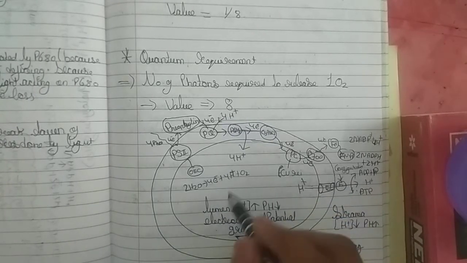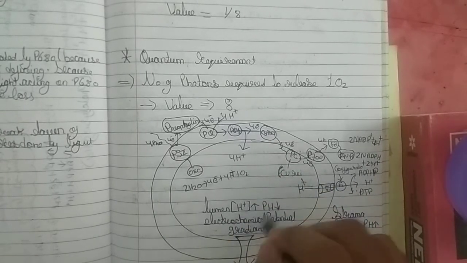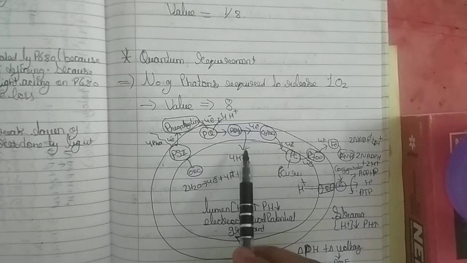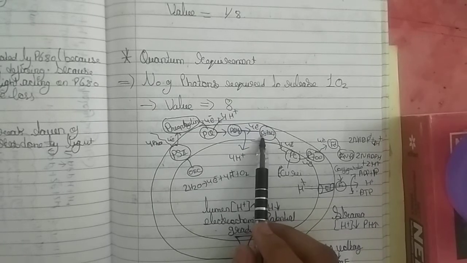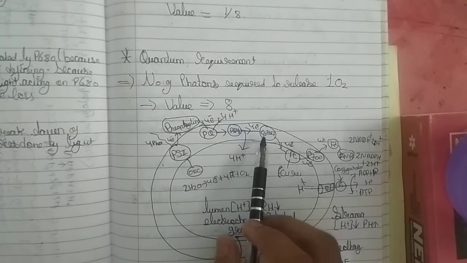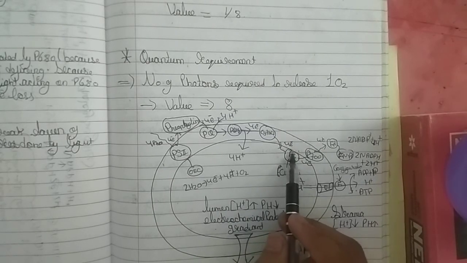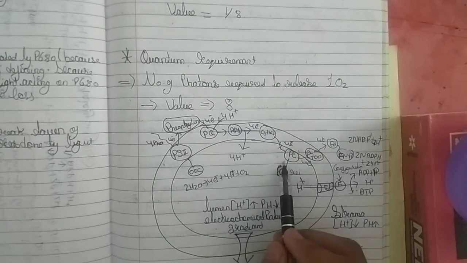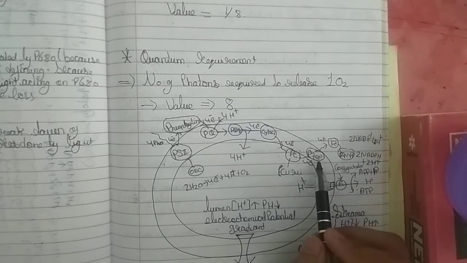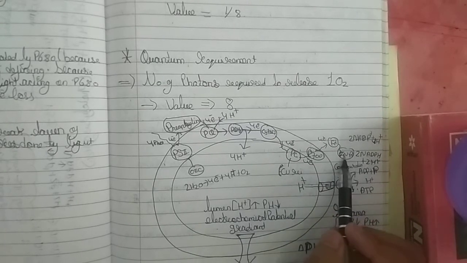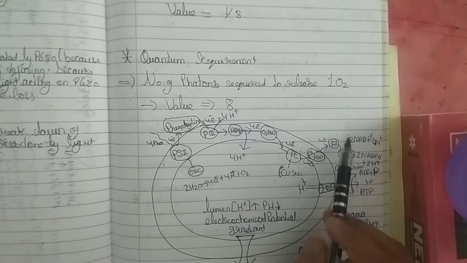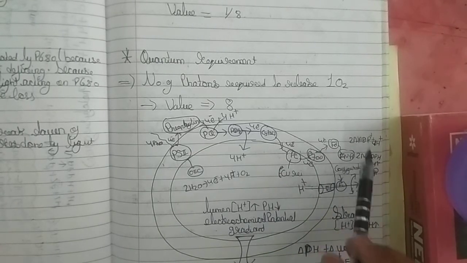Now the H+ concentration increases here, which we will discuss later. Then it passes to plastocyanin, which is present inside the grana, in the lumen. Then to photosystem 1, then to ferredoxin, then FNR, and those reactions we have discussed in the earlier process.